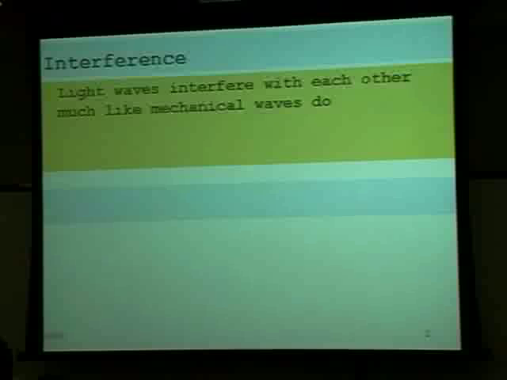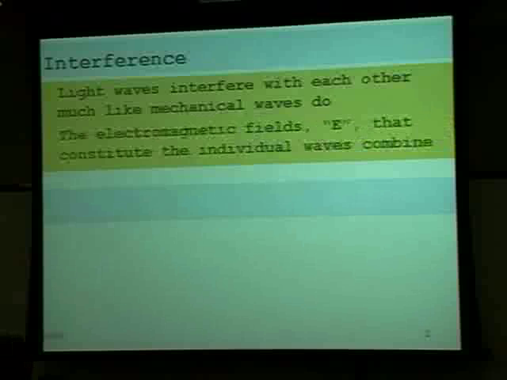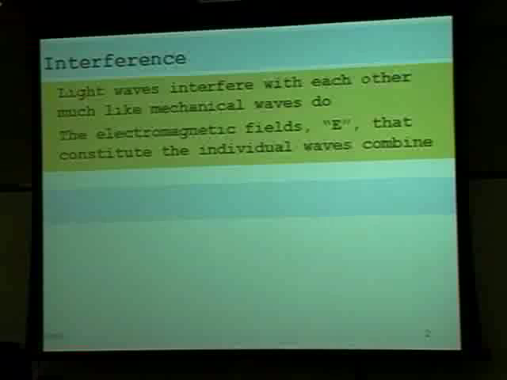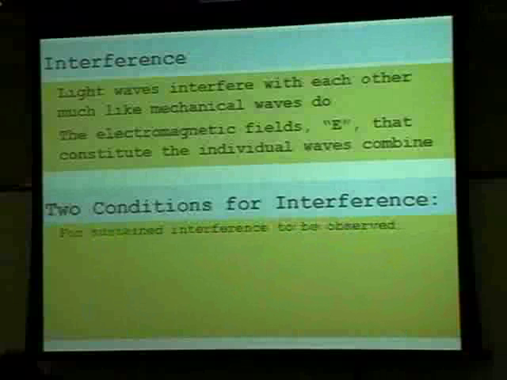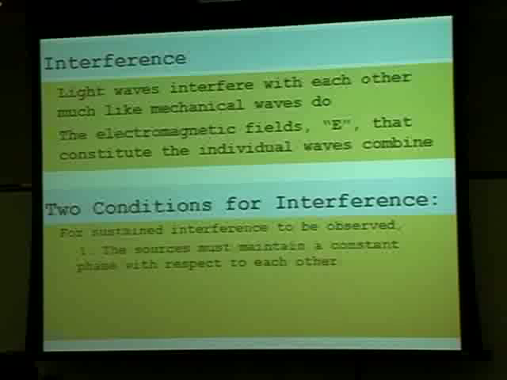Particularly interference: light waves interfere with each other just like mechanical waves do. The electromagnetic fields that constitute the individual waves combine for either constructive or destructive interference. There are 2 conditions in order to have interference. One, the sources must maintain a constant phase with respect to each other.